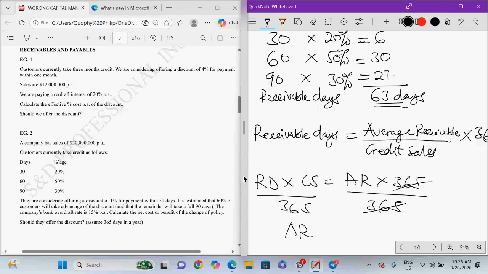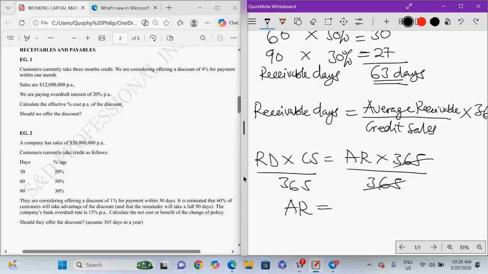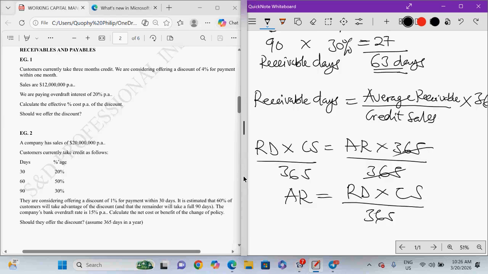What is the average receivables? That is the receivable days times the credit sales, all over 365.